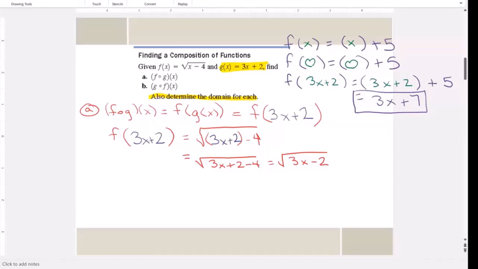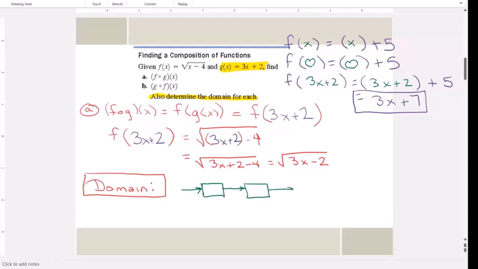Let's do the domain for this. Well, if you remember the picture that we have some input going into some black box. We have an output. That output's going into another box. And we have our final output, which is a composition. Well, the first thing that we have to make sure is that whatever this input is can make it through the first black box.